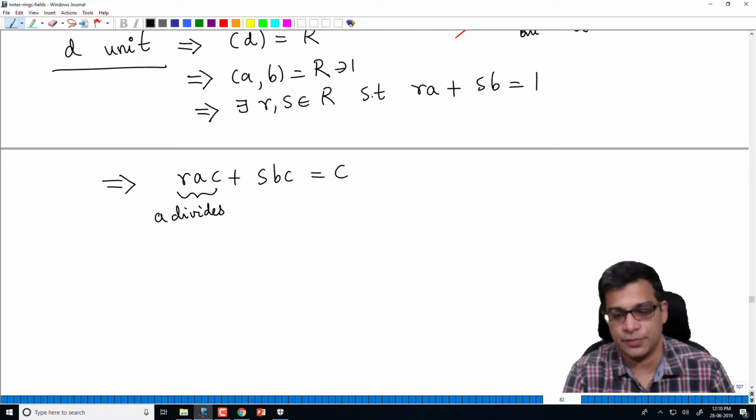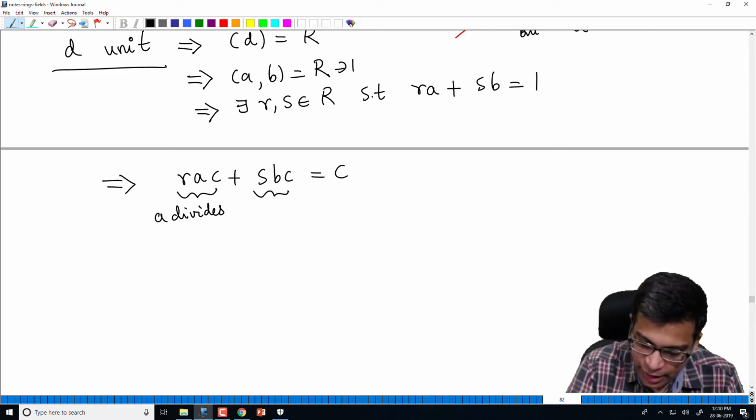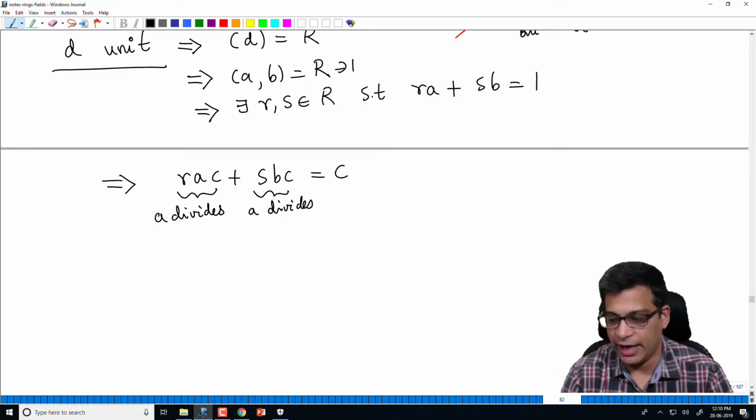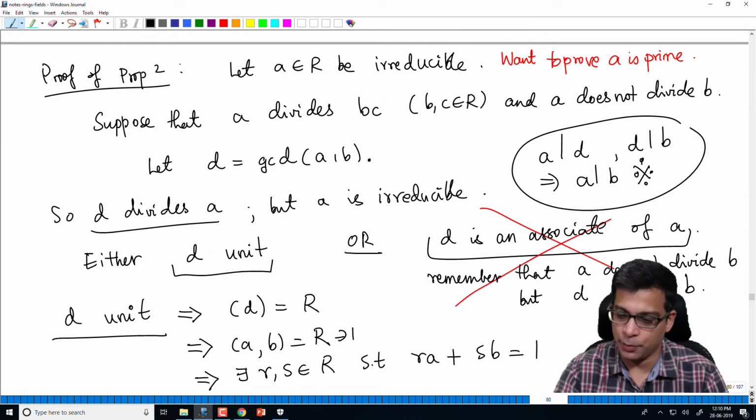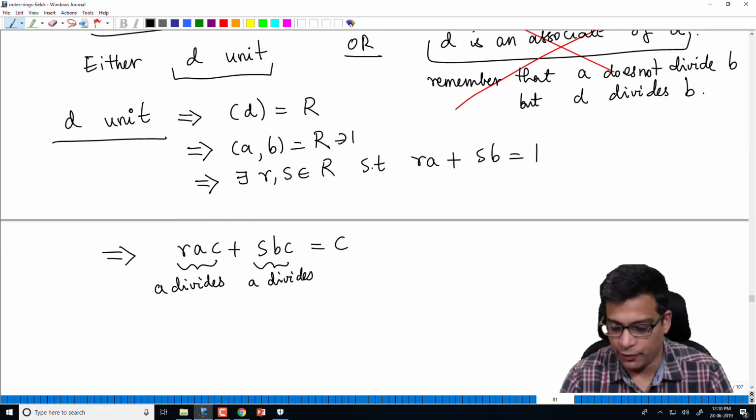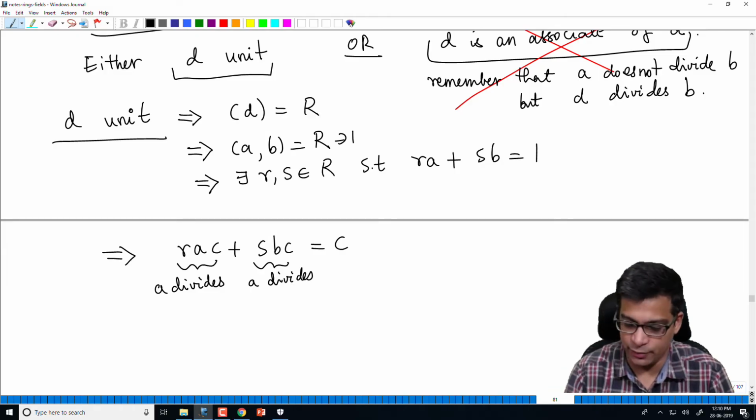Because it is A times RC. On the other hand, A also divides this term. Why is this? Because A divides BC by hypothesis. A divides BC, so A divides SBC. No matter what S is, A divides SBC.